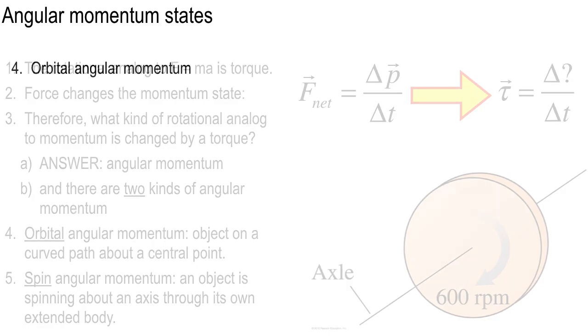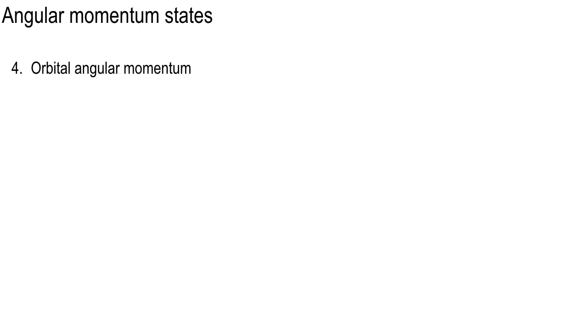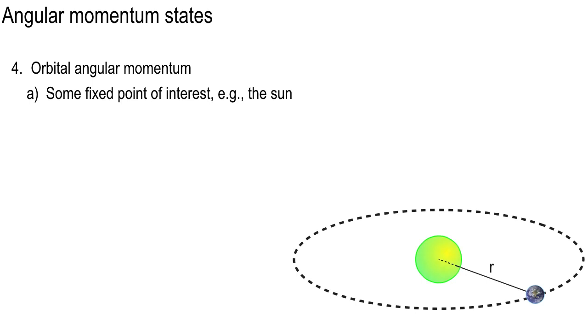Okay, so let's take a look at orbital angular momentum. Usually, when we're thinking about angular momentum, we have to define some point of interest around which the object is moving, like the sun, and a planet going around the sun, like the Earth.